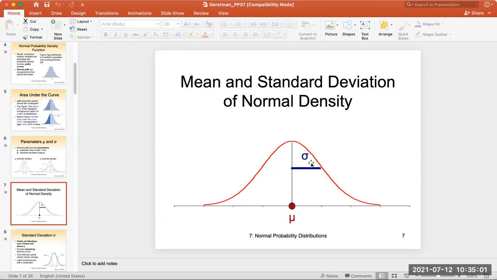And when this sigma value is more, that means more variation in your process or your data. From where you're going to get any kind of data? From your process, through some process you are manufacturing something, some parameters.